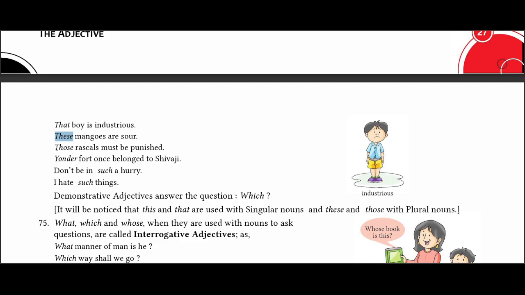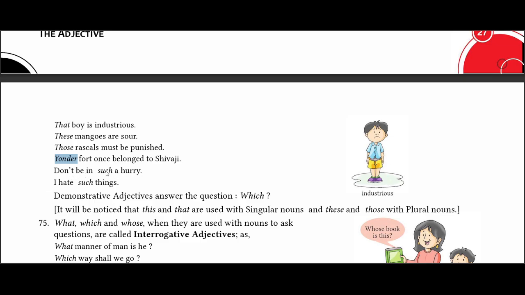Those rascals must be punished. Those is pointing out what rascals. Yonder fort once belonged to Shivaji. Which fort? The answer is yonder. It is pointing out the noun.